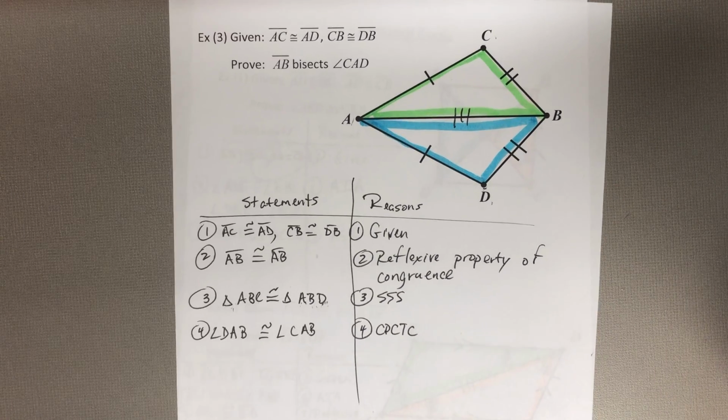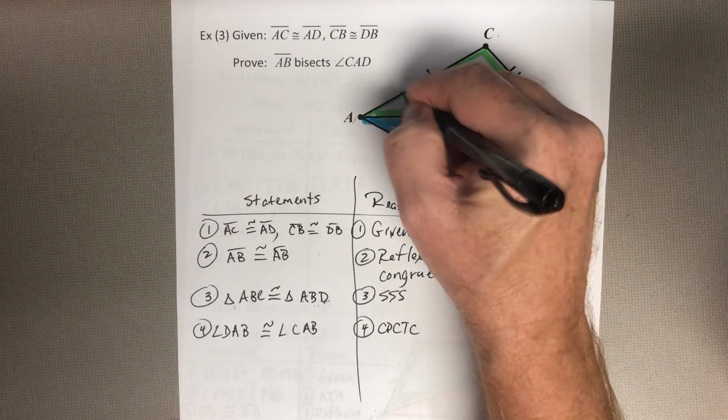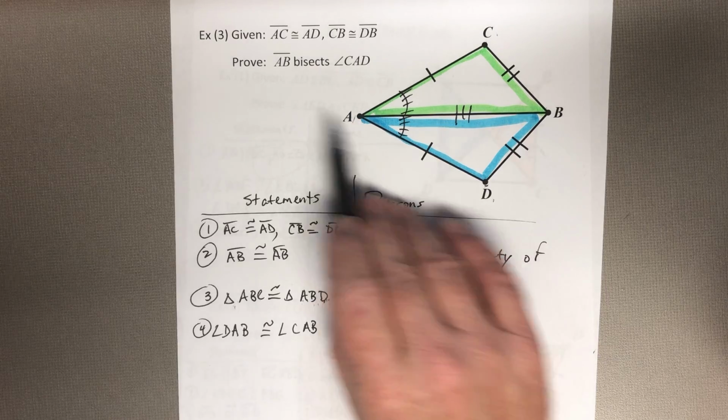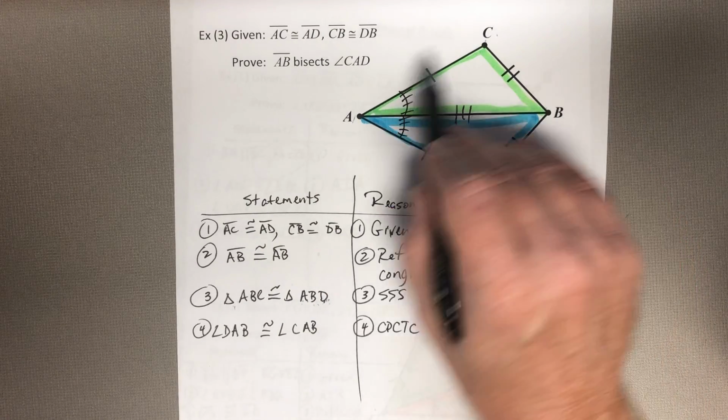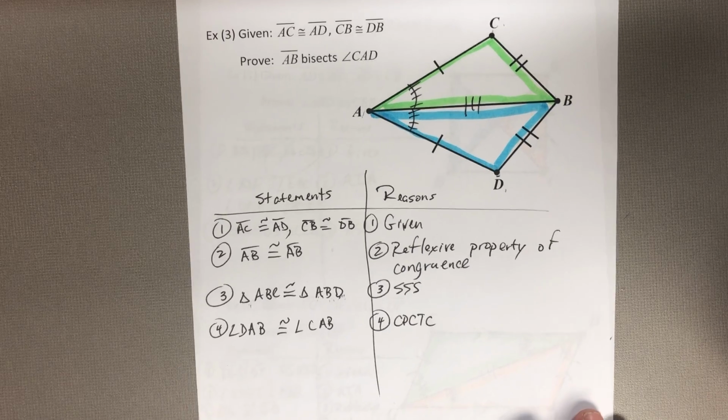Okay, now I'm going to mark them, 1, 2, 3, 4, 1, 2, 3, 4. Well, if those two angles are congruent, I can then say that segment AB bisects angle CAD, and it would be by the definition of angle bisector.